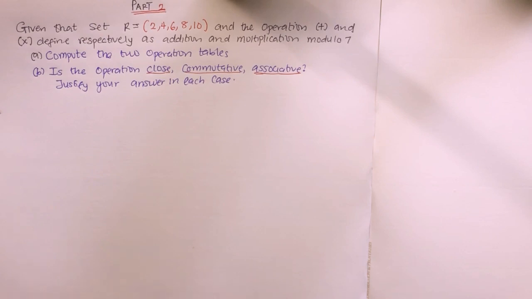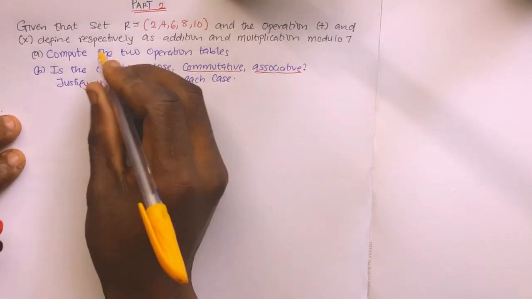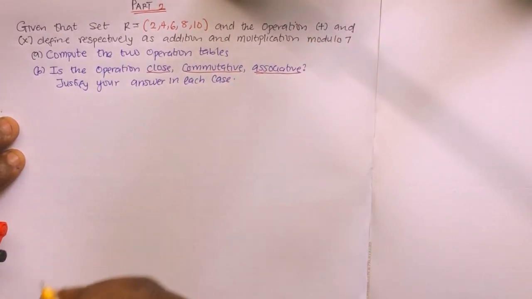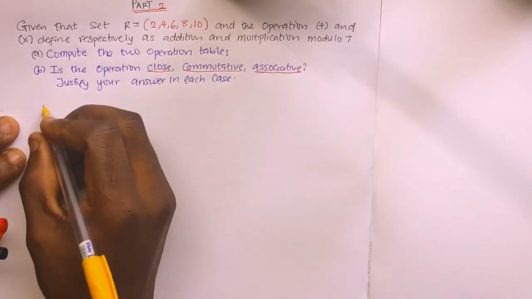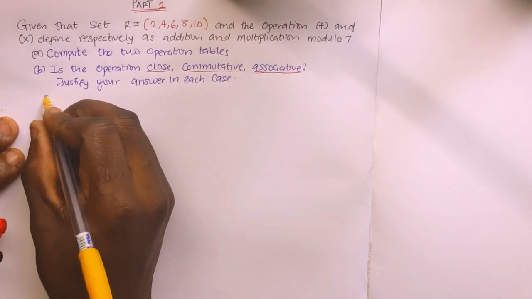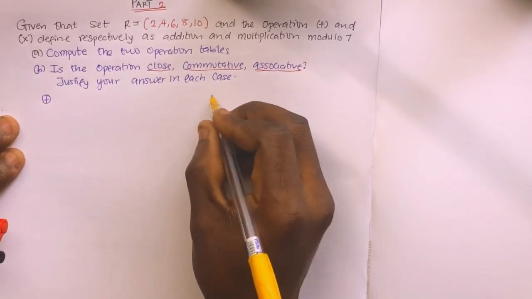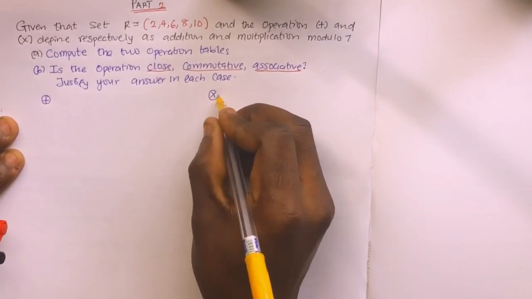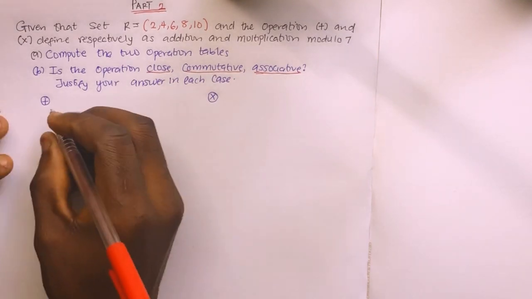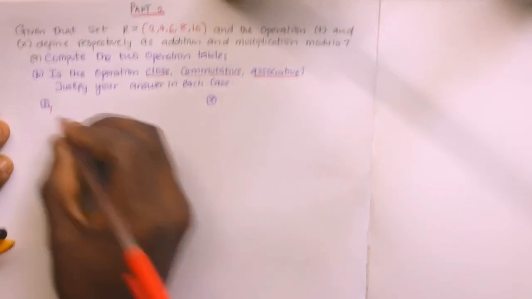Now, without wasting our time, we have our two operation tables to compute. The first one is the additive operation, and the second one is the multiplicative operation. Both are modulo 7.